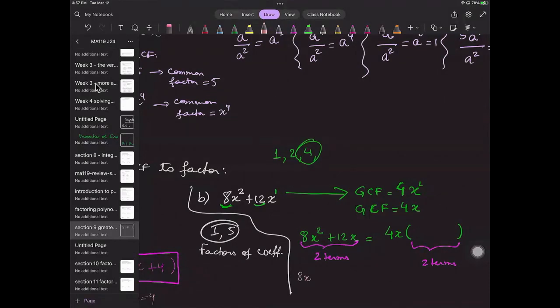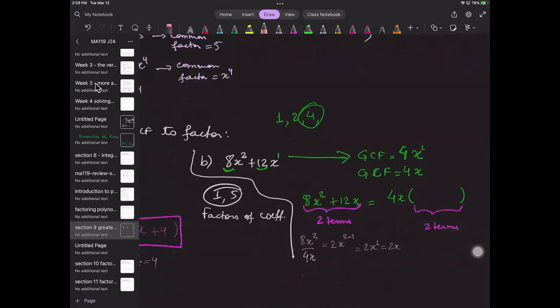So my 8x squared divided by 4x equals, remember, 8 divided by 4 is 2, x squared minus x to the first power gives me x to the first. So the result is just 2x.